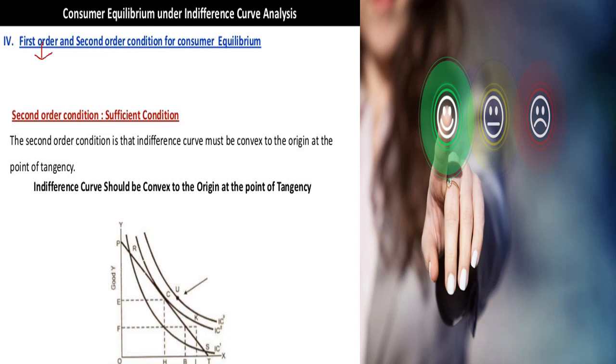That means the slope of IC is equal to slope of budget line.